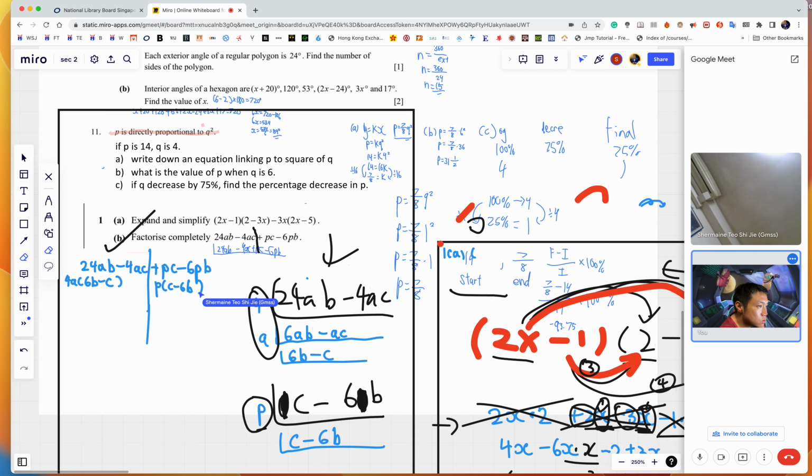Okay, good. So can you see that they are kind of similar? Yeah. Which one? The 6B minus C. Yeah, so you need to switch position. When you switch position, what you need to do? Correct. Switch position. Correct. Okay, then this one and then this one combine.